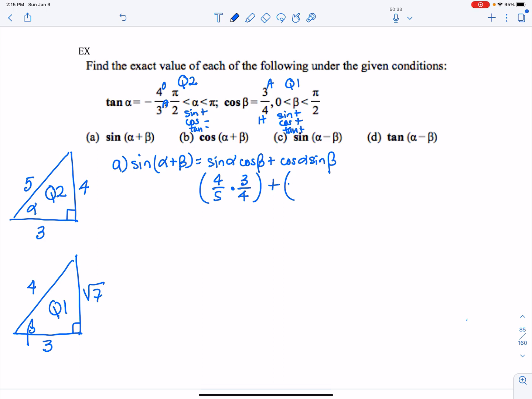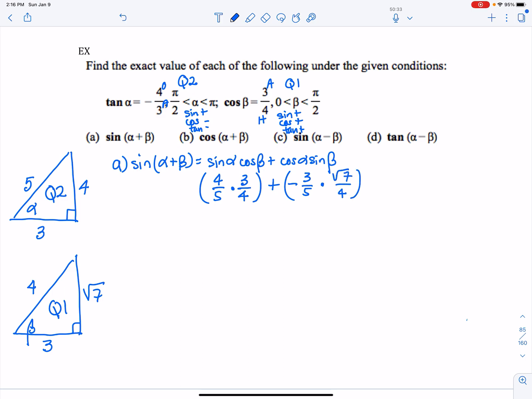Cosine alpha is going to be negative because I'm in quadrant 2, and I have adjacent over hypotenuse, which is 3 over 5. And then sine beta is going to be positive because I'm in quadrant 1 with beta, and that's opposite over hypotenuse, so that's radical 7 over 4.